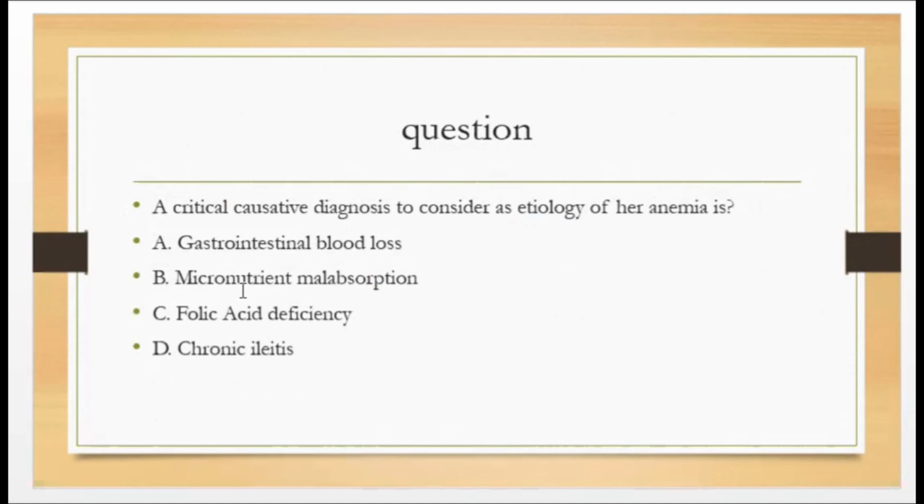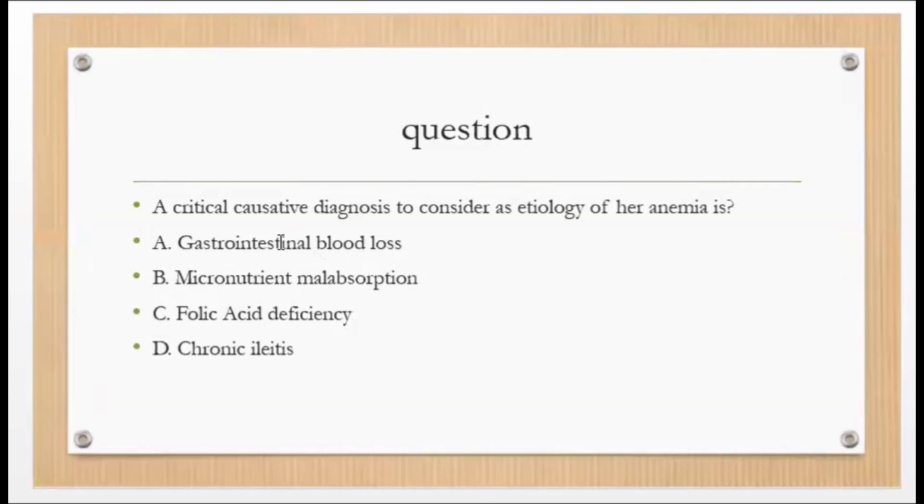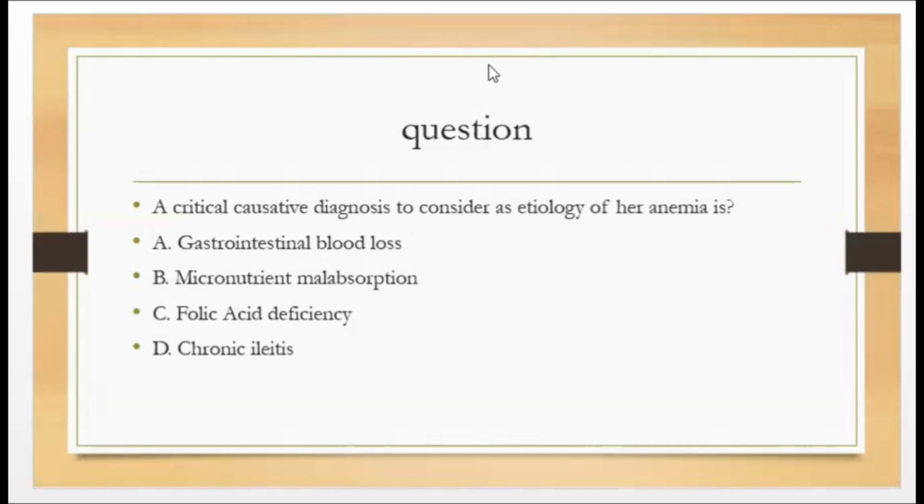Is that folic acid deficiency? No. Folic acid deficiency I will come to later. So the answer is gastrointestinal blood loss. Something is happening, bleeding is going on, okay? That is correct, which will lead to iron deficiency. So it can be iron deficiency, thalassemia, or lead poisoning, any of those things.